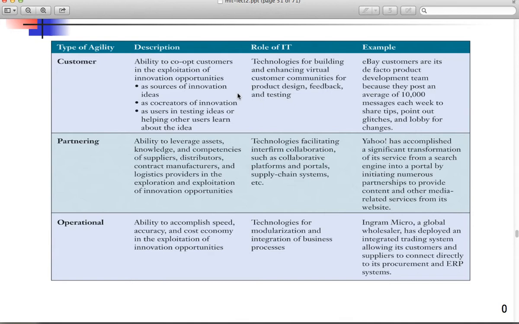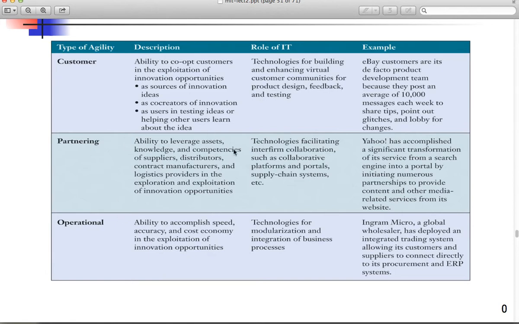So the point I'm making in this particular slide, in this presentation, is that agility is a generic word like user-friendliness, and you have different types of agility, different focuses, depending upon the context of the agility word being used. So it could be applied towards customers, partnering, operational efforts, manufacturing, customer service, technical support. It applies towards everything in terms of the concept.